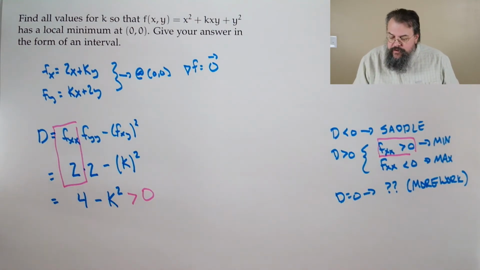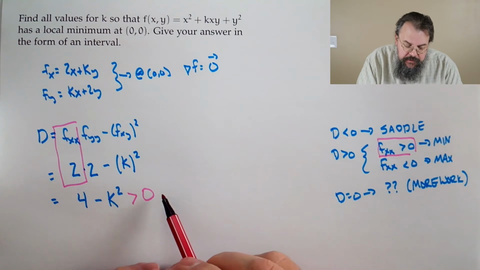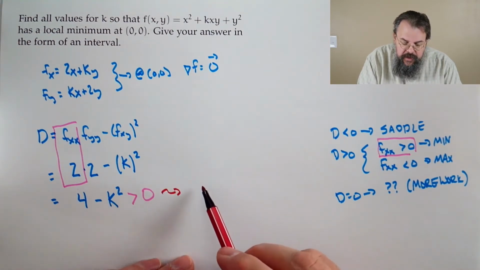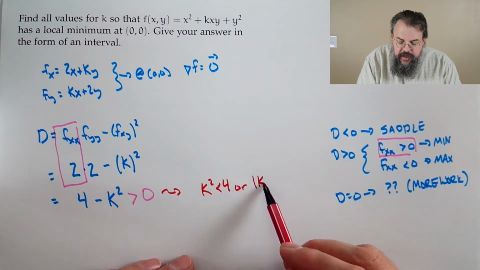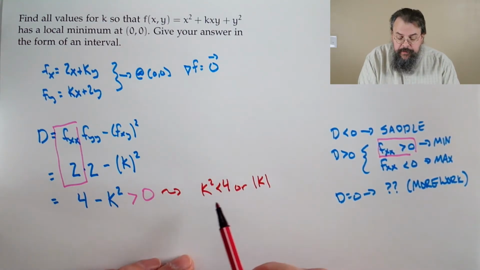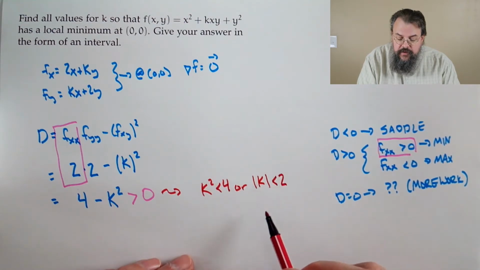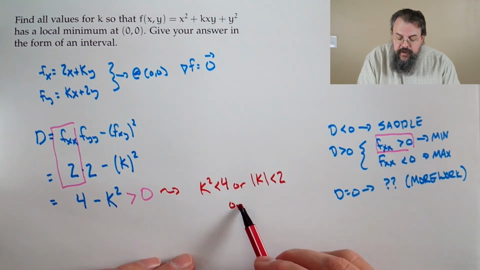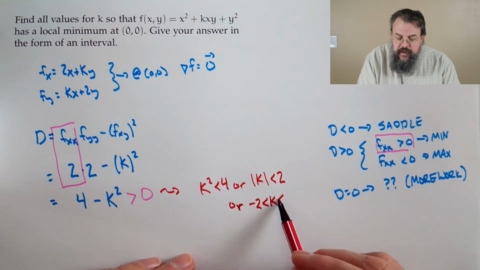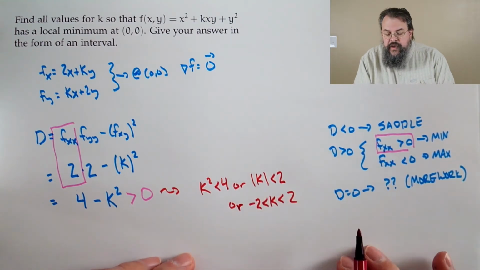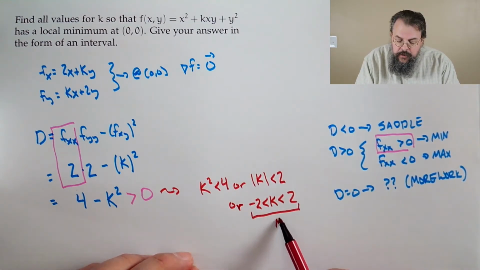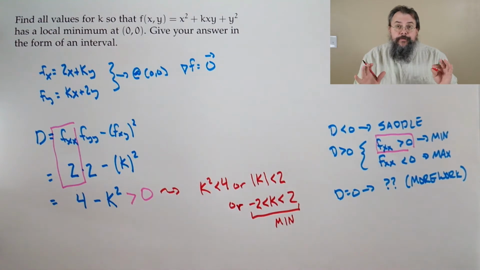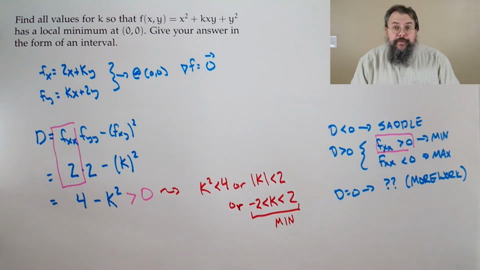Well, all right, what does this become? This becomes, we want k squared less than 4, or absolute value of k, which is what you get when you take the square root of k squared, is less than 2. Or put another way, you can say, aha, negative 2 less than k less than positive 2. Okay, so definitely in this range, we're at a local min, for sure. I'm not saying this is our answer yet, but I'm saying these points have to be included.